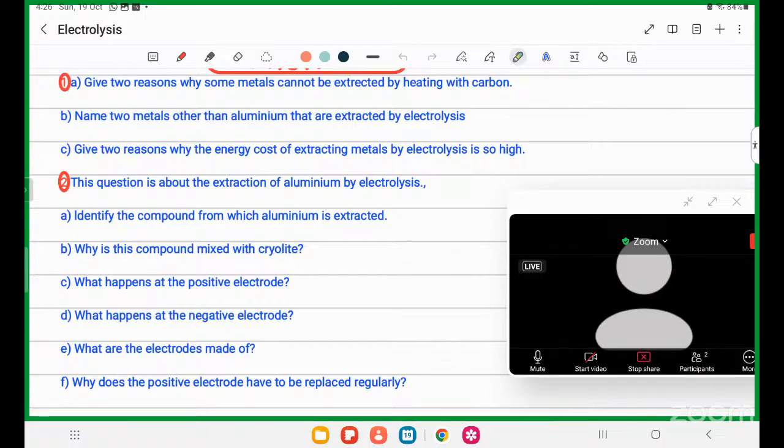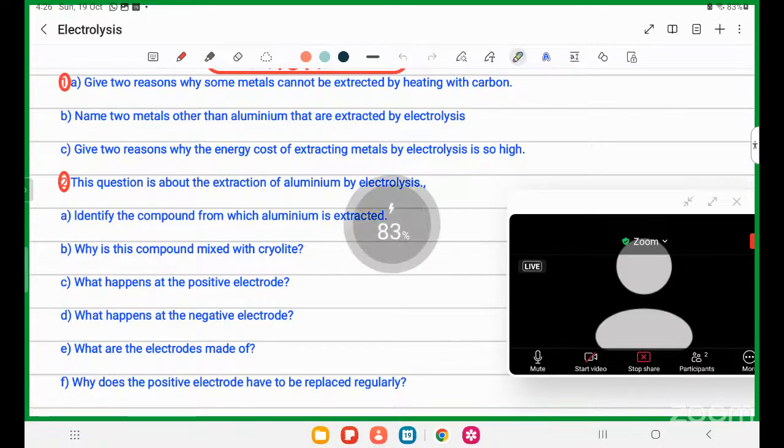But in my answer, I thought they meant the name, so I put both. Okay, that's still fine. All right, the next one says, why is the compound mixed with cryolite?